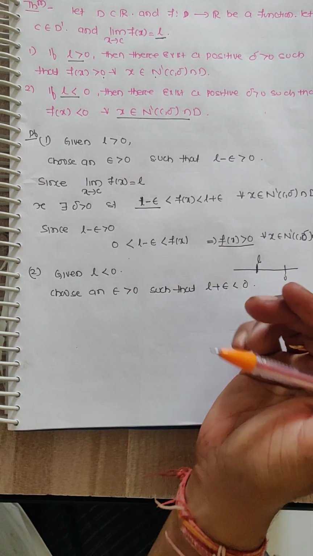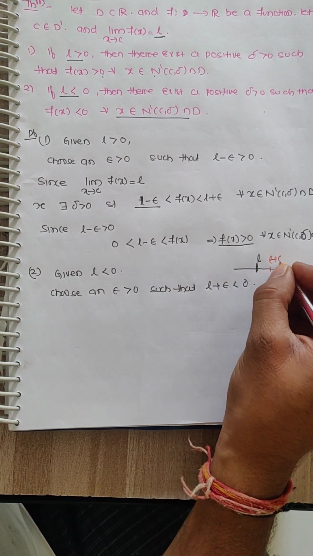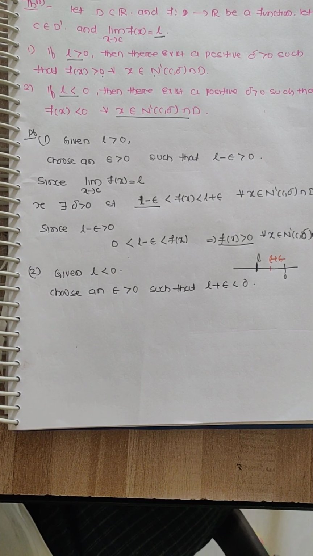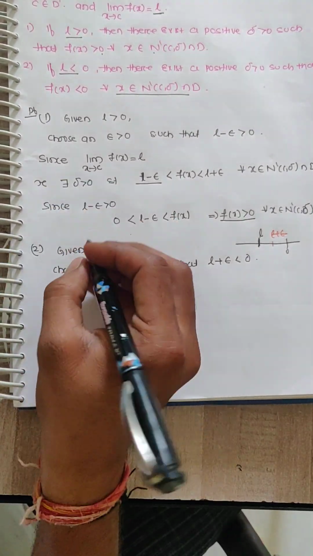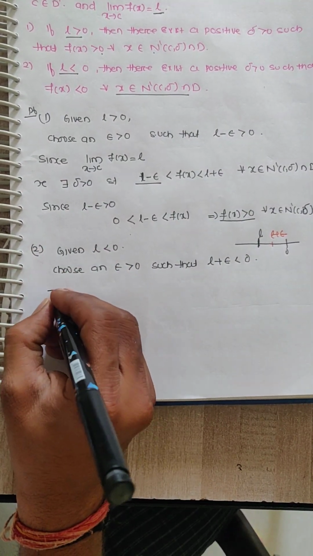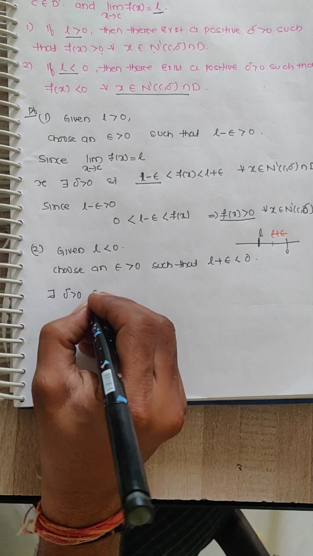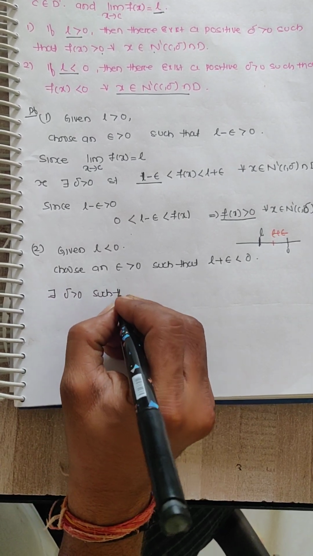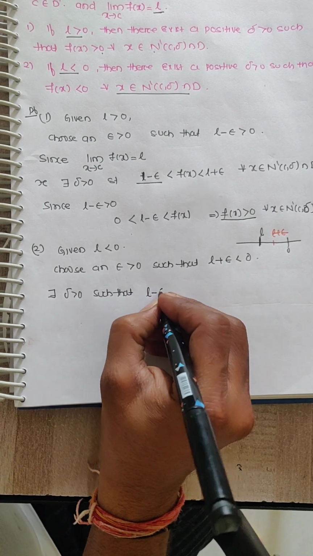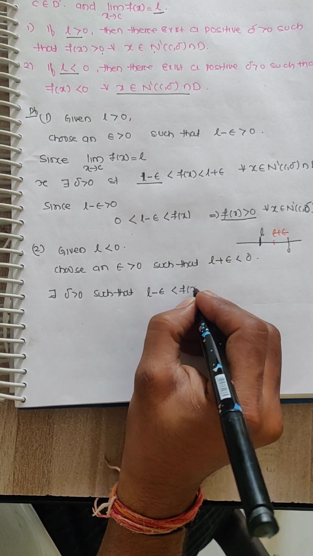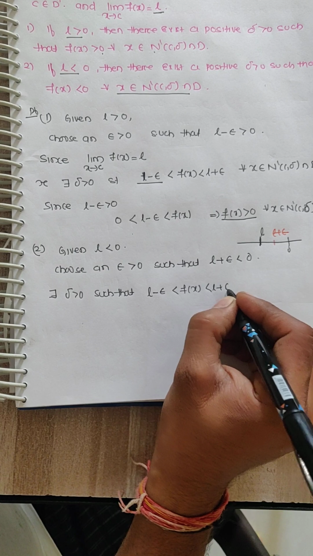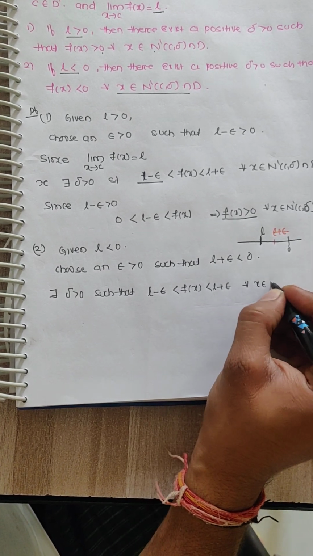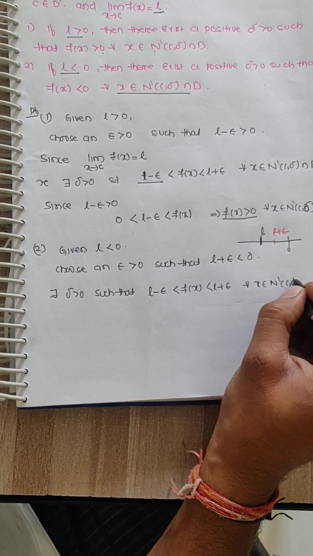So I can find an epsilon such that L plus epsilon is also negative. Again, from the limit existence, there exists a delta positive such that f(x) lies between L minus epsilon and L plus epsilon for all x belonging to the deleted neighborhood of c intersection with D.